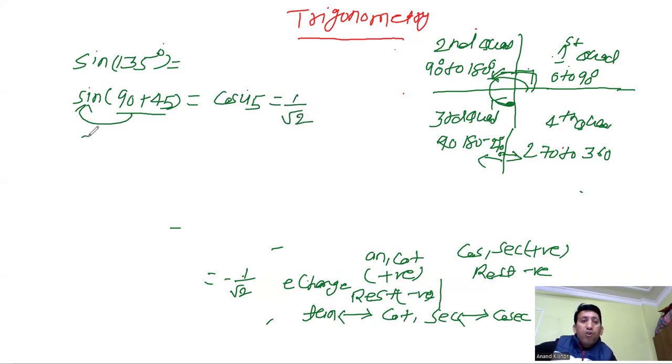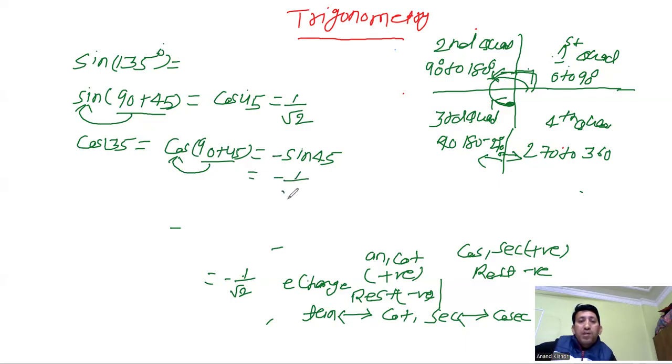If I say cos 135, same method, close to 90. So 90 plus 45. Again 90 plus something, so cos becomes sine 45. And 90 plus 45 is in the second quadrant, where cos is negative, so I will put negative: minus sine 45, minus 1 by root 2.